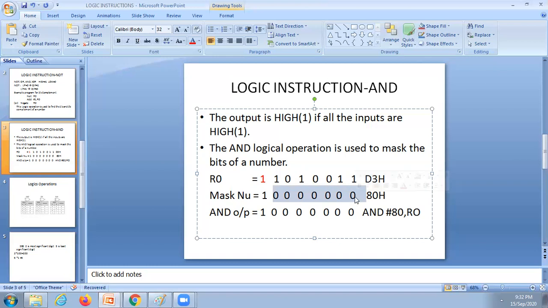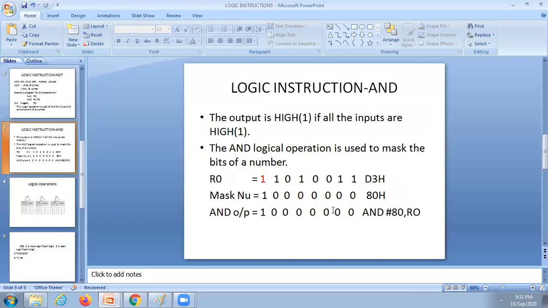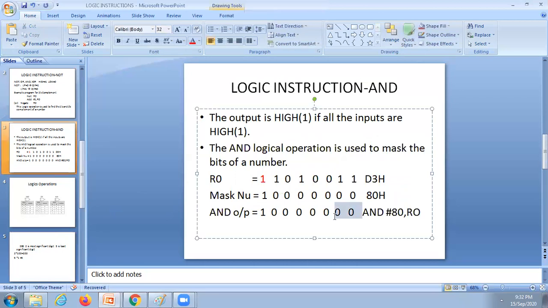I am not particular about reading them. Then the AND operation: you already know the AND logic. If all the inputs are high, then only the output is high. Similarly, here all the other mask bits are zeros, so obviously all these outputs are zeros. Because if one of the inputs is 0, then in the AND operation the output is 0.